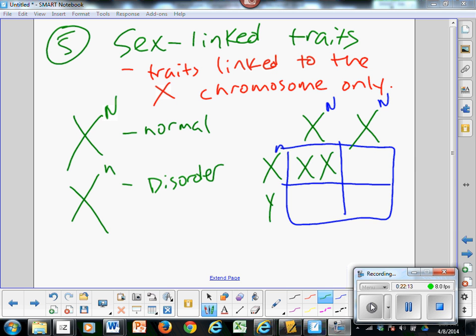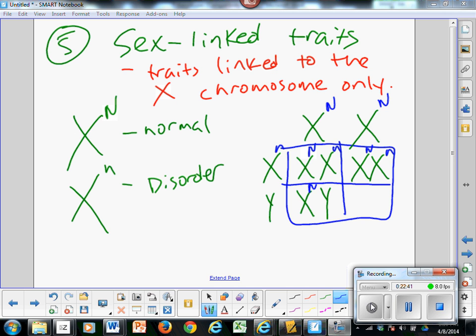The first box, X big N, X little n, normal or colorblind? Normal. This female is heterozygous and a carrier, but she's normal. So the second box, X big N, X little n. Normal or colorblind? Normal. XY, we have a male.